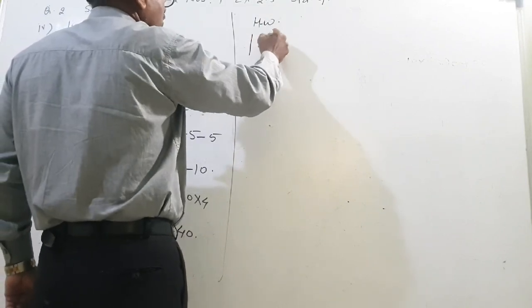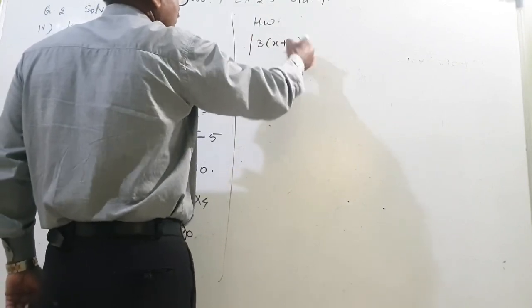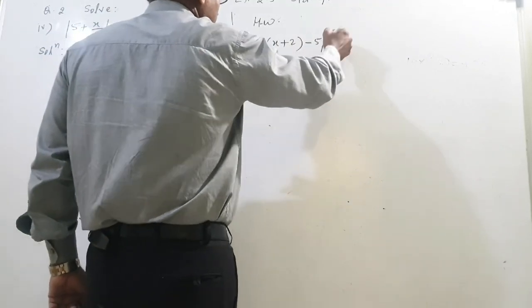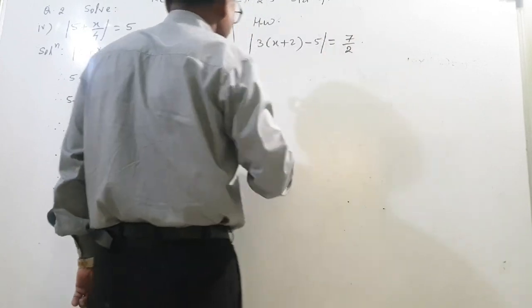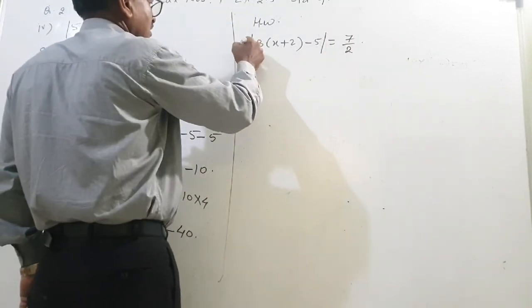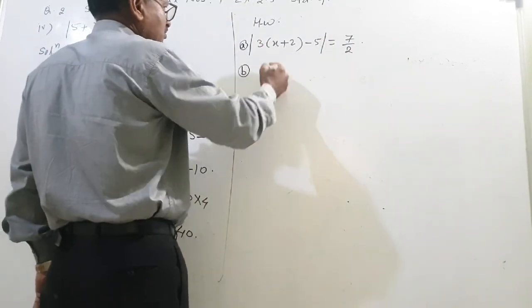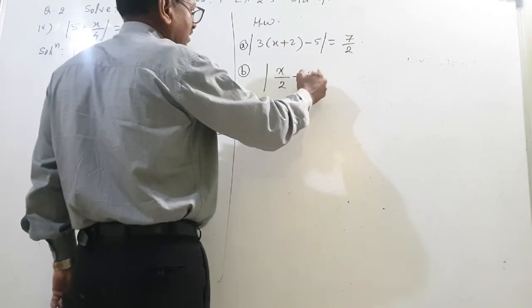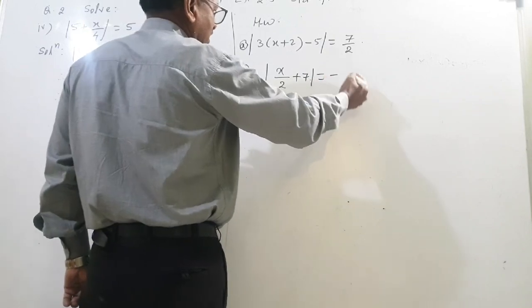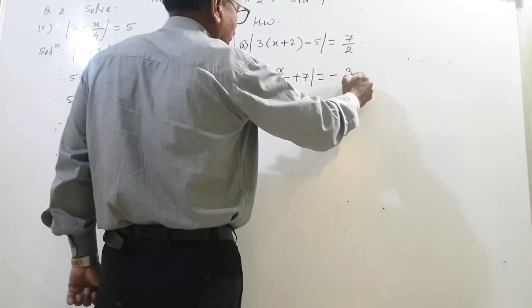Modulus of 3 into bracket x plus 2 minus 5 is equal to 7 upon 2. This is first. Next will be x upon 2 plus 7 is equal to minus 3 by 2.